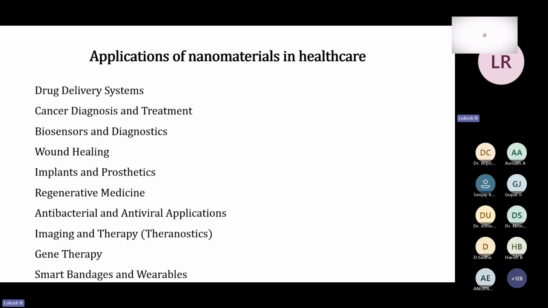There are also smart bandages and wearables using this nanotechnology, where nanomaterials are used to develop wearable devices that monitor patients' health in real time. Because of these uses, like improved drug delivery, diagnostic accuracy, tissue regeneration, and infection control, nanomaterials play a key role in future medical innovations.